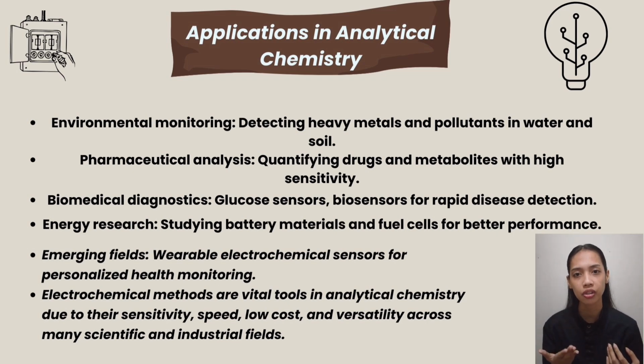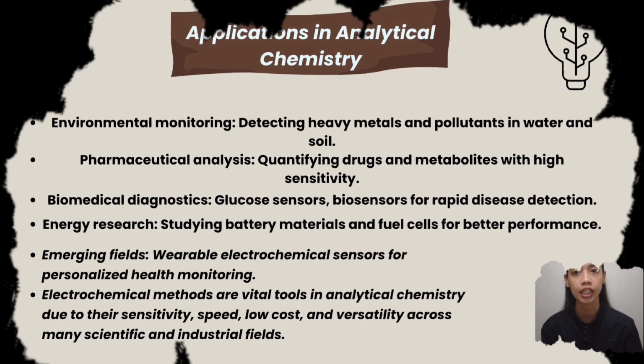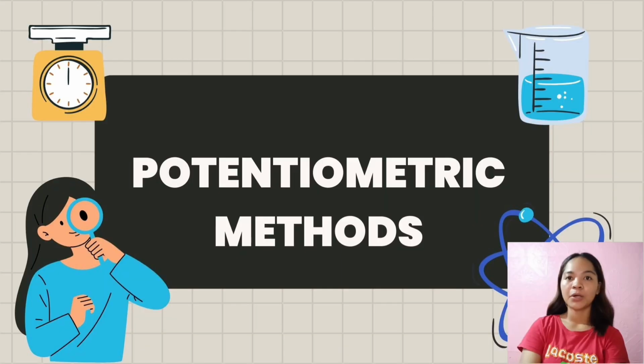In energy research, they help improve batteries and fuel cells, and new wearable sensors use this method to monitor health in real time because they are sensitive, fast, and affordable. Electrochemical methods are essential tools in analytical chemistry today.